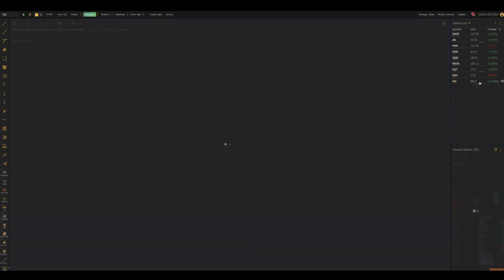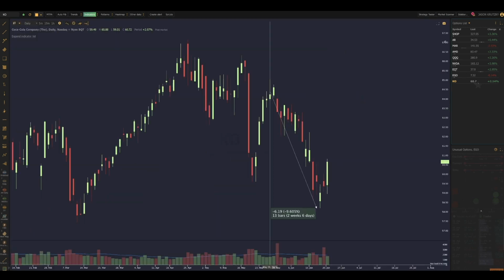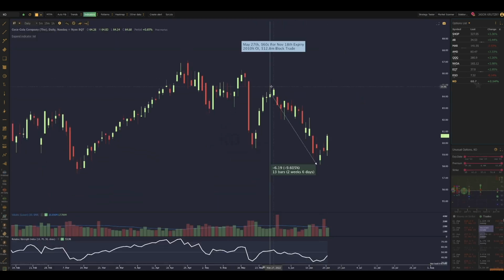I like this example that I found on KO. We could see here on, looks like May 18th, huge downside move, followed by a rally that almost fully takes back the entirety of that move. And then we see a huge call order come in on May 27th, the $60 call for November 18th expiry. It's a $13 million block trade that takes up 2,000% of the open interest.